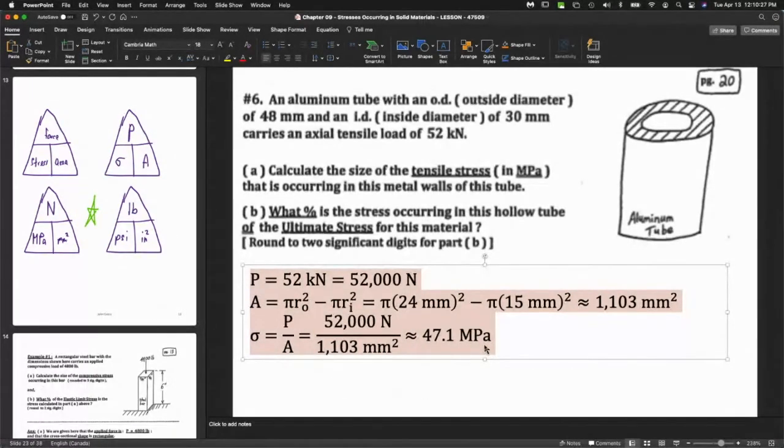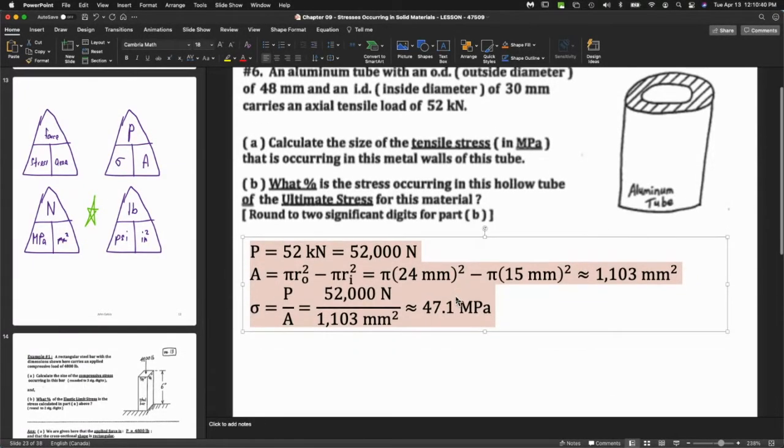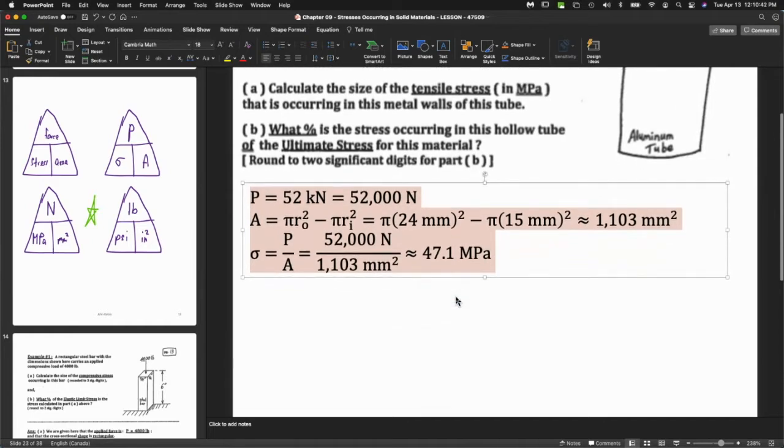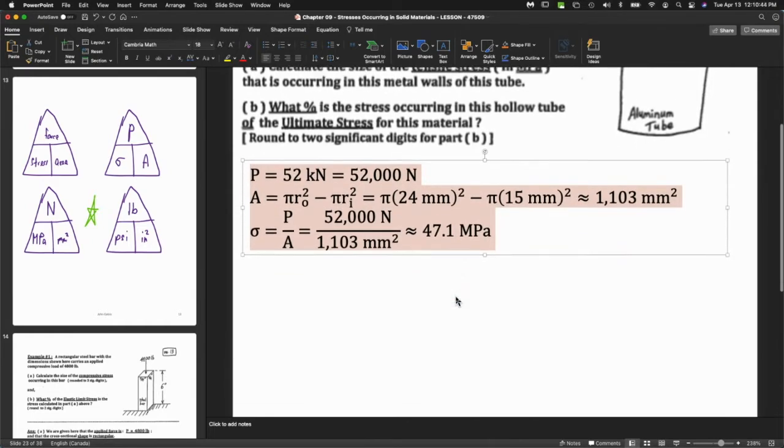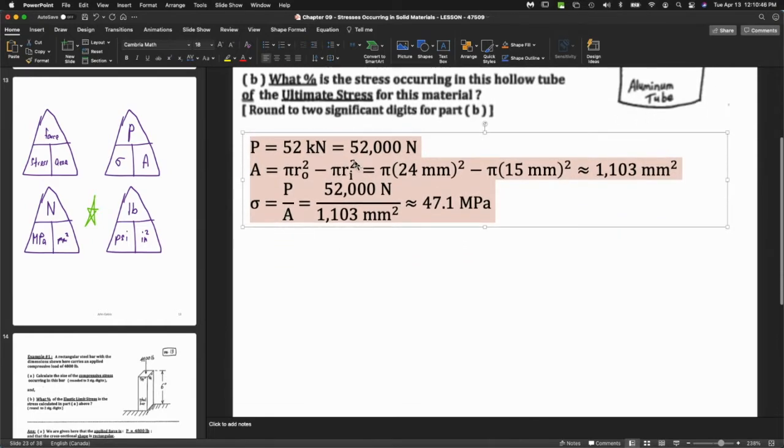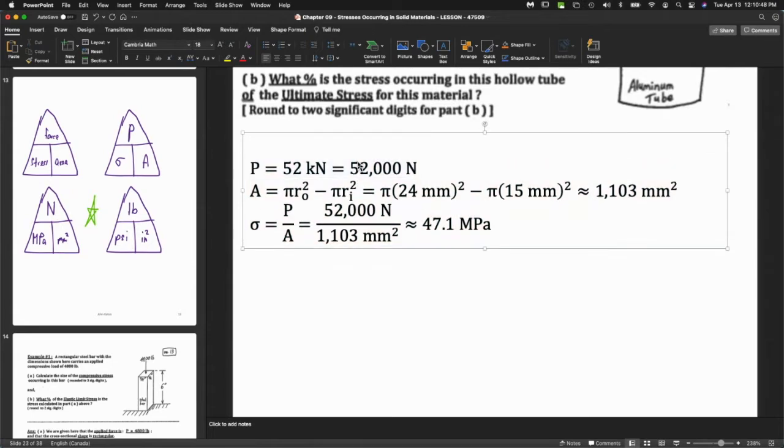We know it's megapascals because of the consistency between newtons per millimeter squared being equal to 1 million pascals, or 1 megapascal. So this represents part A of the question. I'm going to scroll down because we don't need the words and the text anymore there, and we already did part A, so I'm just going to go there because that's all you really need to finish now. This is part A.